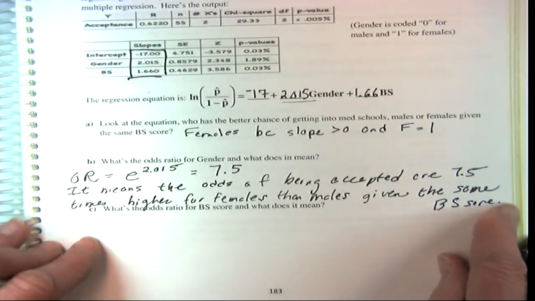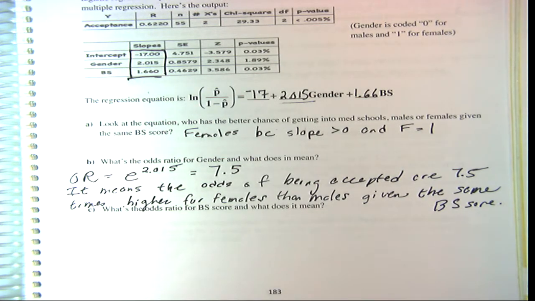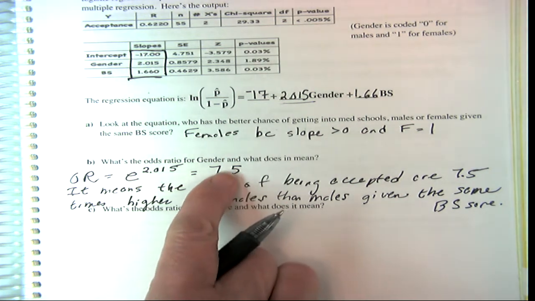So if you compare two people, one male and one female, with the same biological science score, this is the ratio of their odds.